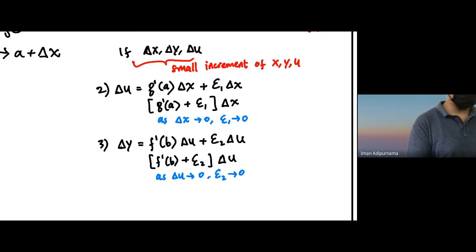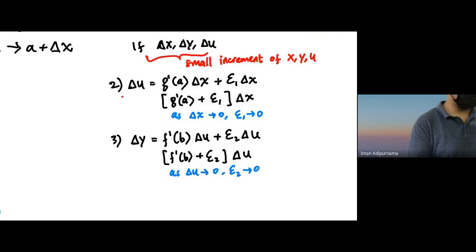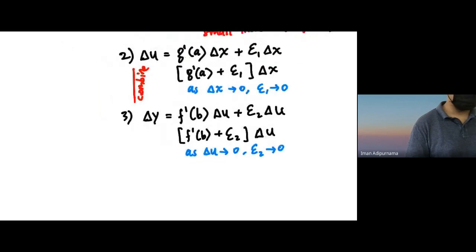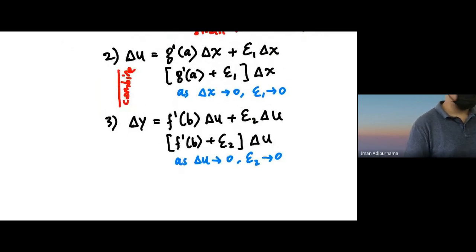And then we can combine these two equations here. So combine 2 and 3. Because you see that this delta u here, we can exchange to this, okay? So we combine those together.